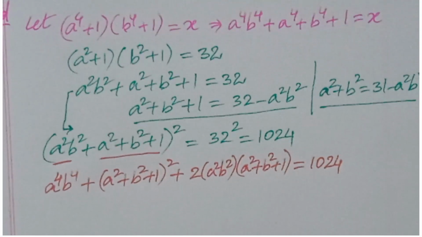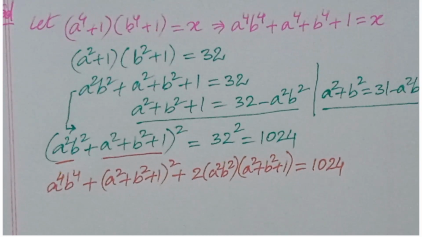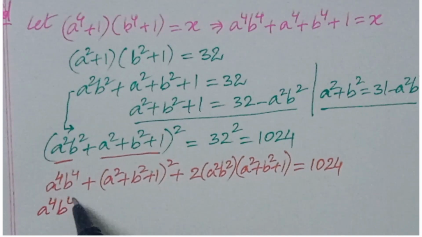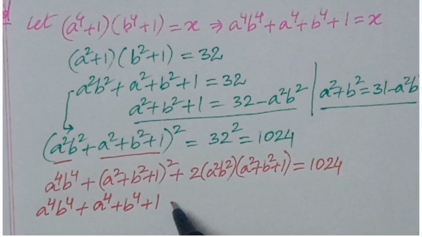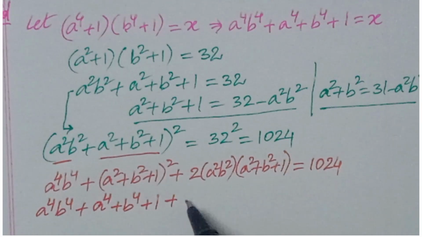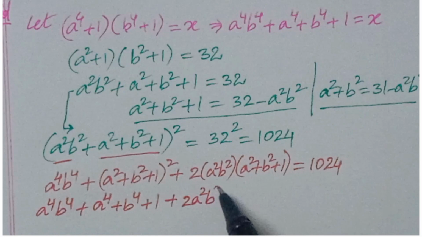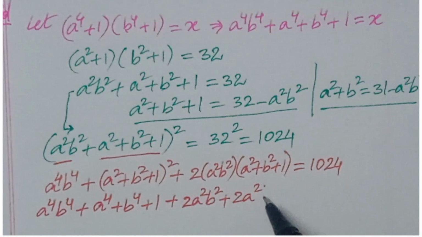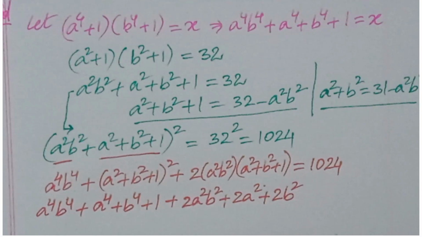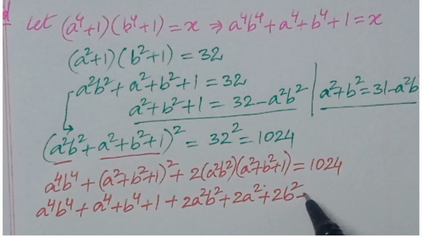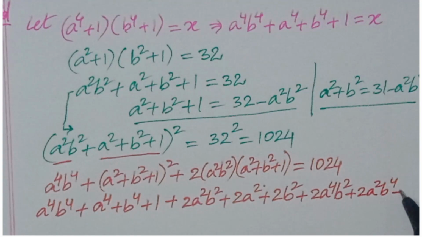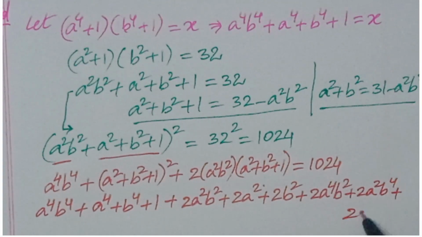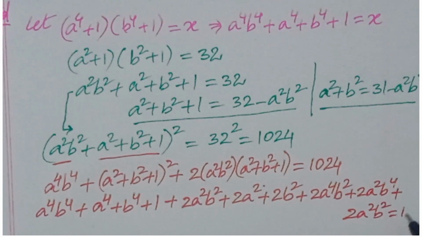Now if you expand this: a to the power of 4 b to the power of 4 plus a to the power of 4 plus b to the power of 4 plus 1 plus 2a square b square plus 2a square plus 2b square, and then you get 2a power 4 b square plus 2a square b power 4 plus 2a square b square is equal to 1024.